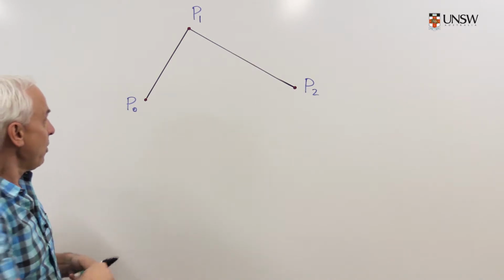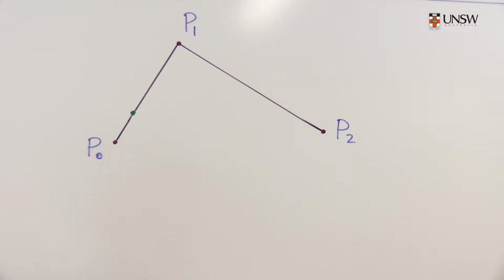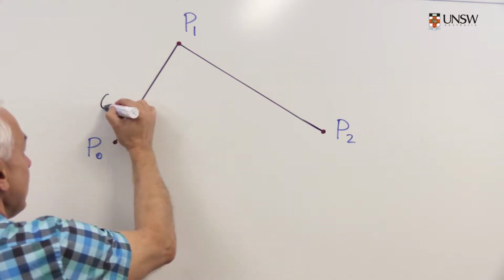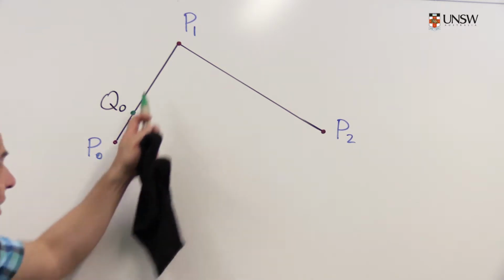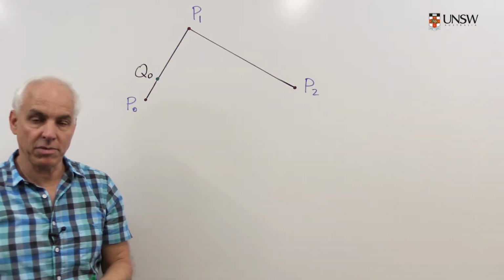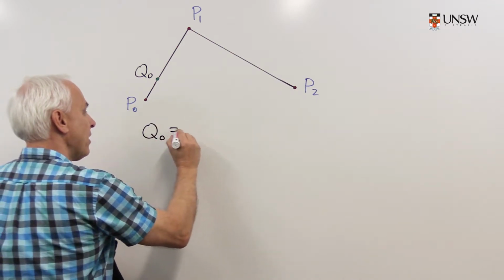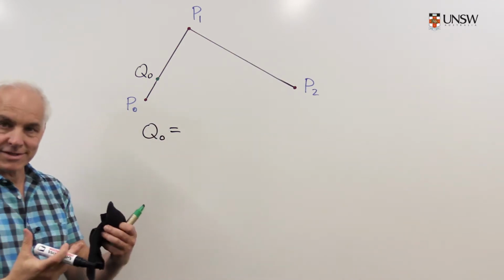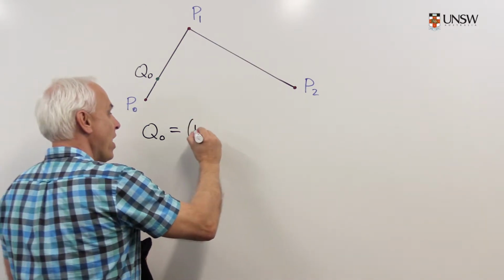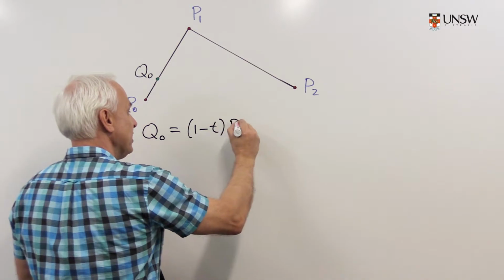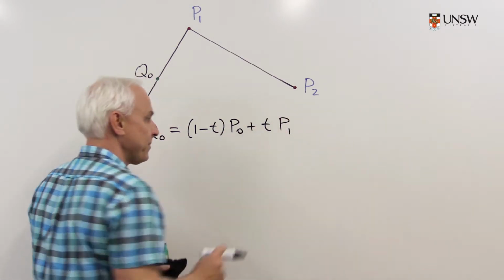Okay, so we're going to put a point here. Let's put it there, and we'll call that point, say, Q0. So this is a point on the segment between P0 and P1. And so it can be described in terms of its coordinates as Q0 equals (1 minus t) P0 plus t P1.